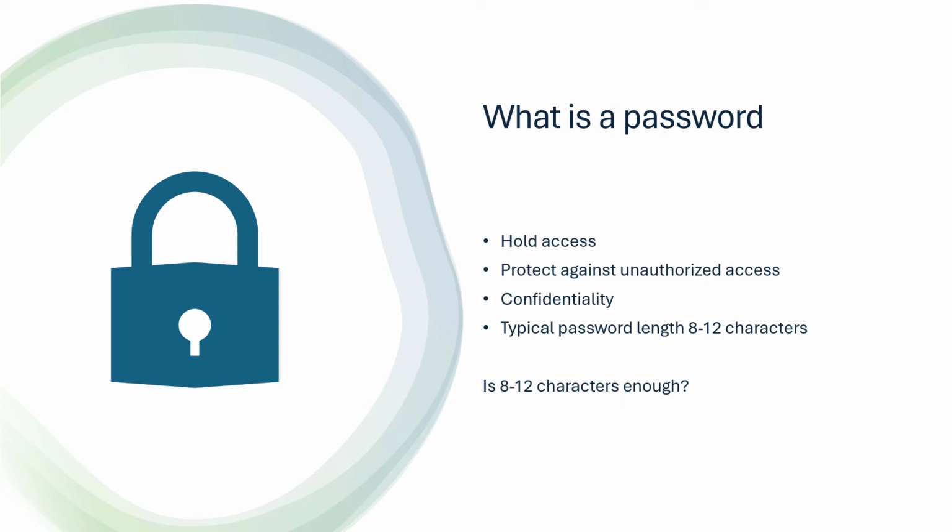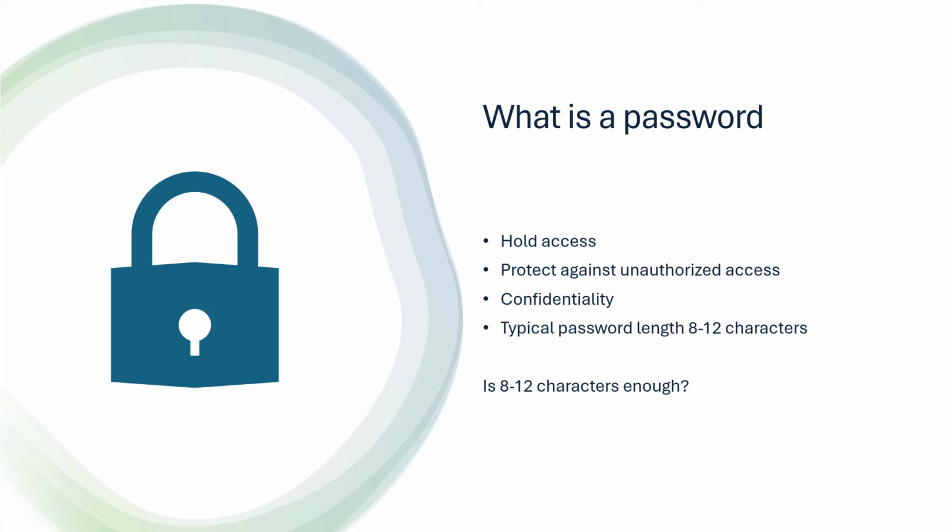So let's talk about what a password is just briefly. We all know, you can see the picture of the lock, that the password is something that holds the access to something. It protects against unauthorized access. It is what you call confidentiality, and the typical password length is probably between 8 and 12 characters. And that is what you probably think: this is a password, this is what it does, and so on.